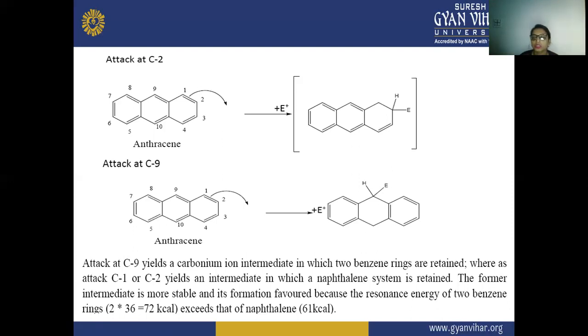In the C9 case, you can see the two benzene rings retained. So the former intermediate is more stable, and its formation is favored because the resonance energy of the two benzene rings is 72 kilocalories, which is higher than naphthalene, which has 61 kilocalories.